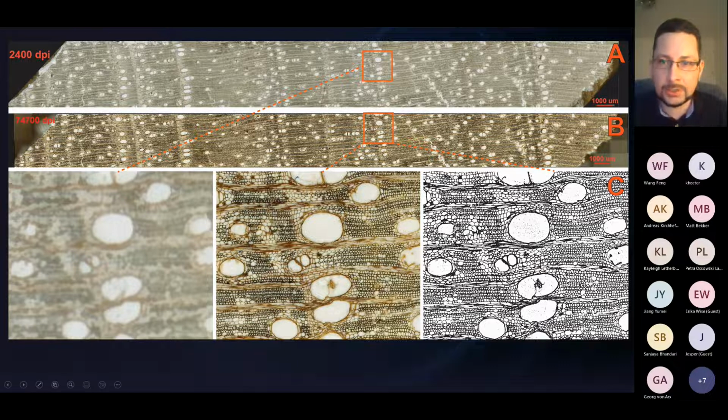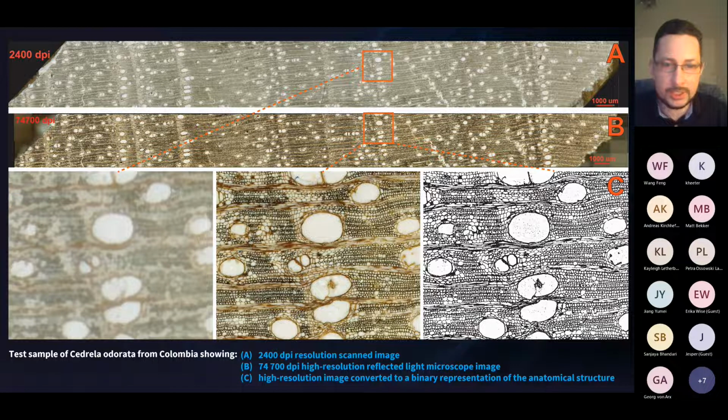But potentially, rather than just relying on the binary, maybe we could have a look at the full color image and then even look at, for example, some brightness properties, or the reflected light intensity characteristics, and maybe use that as well in some way to analyze individual structures or subset the structures that we can analyze. So this was an early test of this approach on hardwood samples, moving away from conifers.